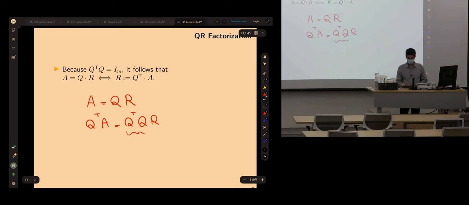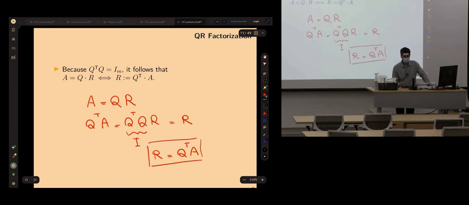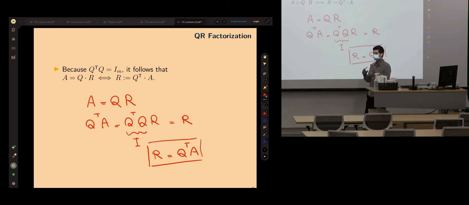Now I know that Q transpose Q is just the identity matrix, M by M, and R is M by M. So this is actually just R. So then I learned that R is Q transpose A. So actually we have R as soon as we create Q. As soon as you apply the Gram-Schmidt process to the columns of A, you get Q, you know A, so R will be Q transpose A. And that's your factorization.